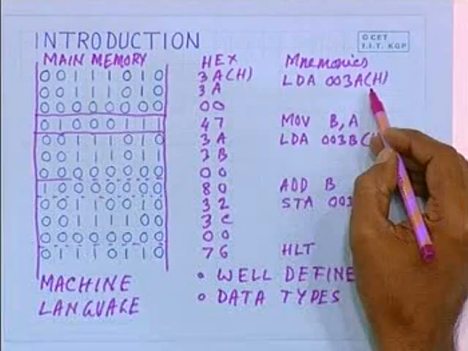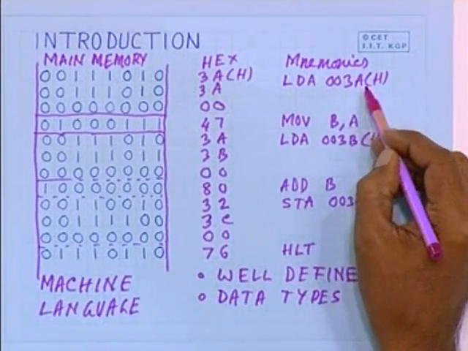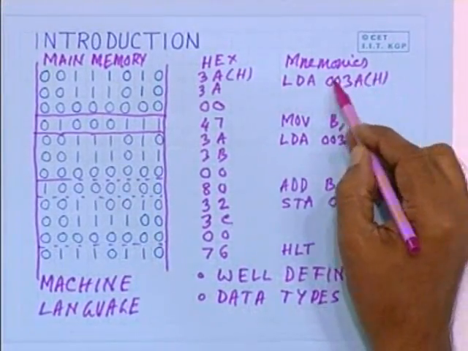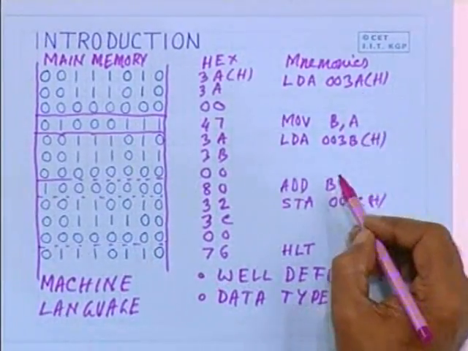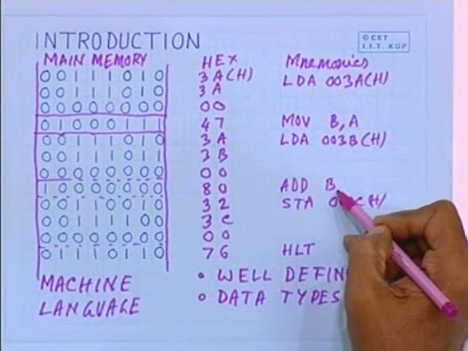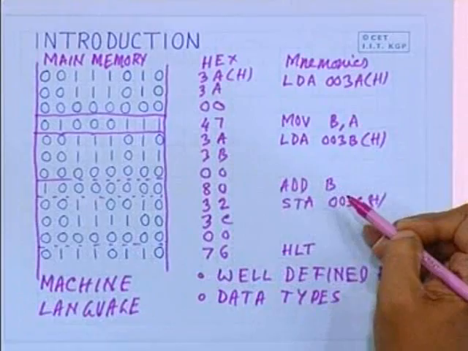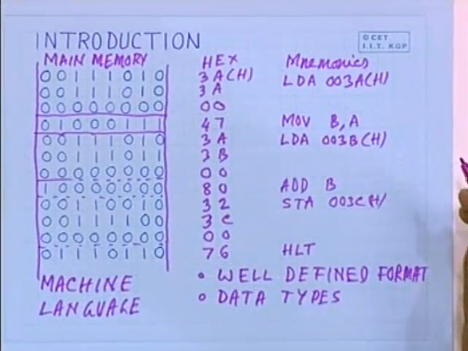Here, for example, in the memory location 003A, some data was stored. How it is stored, in what form, has to be understood, and also how the addition is being performed, what kind of data types it is processing. For that purpose, you have to understand the different types of data a microprocessor can process or execute.